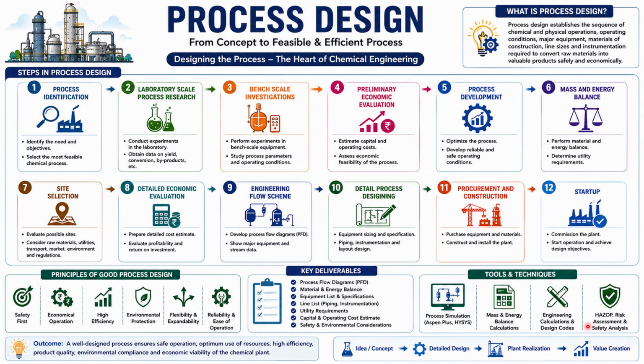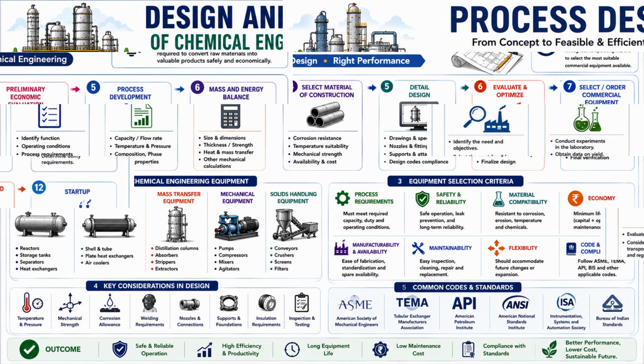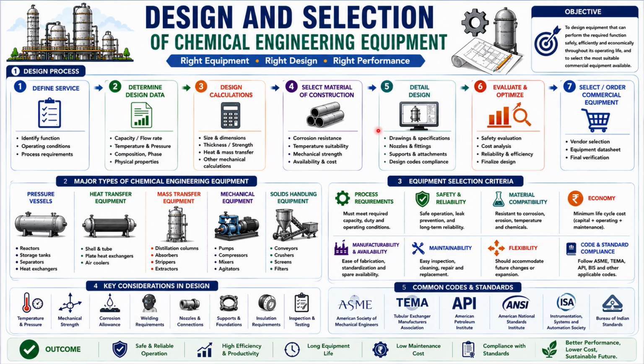Once the process has been finalized, then the next step would be selecting a suitable equipment. So design and selection of chemical engineering equipment. Now every chemical plant contains numerous equipment such as reactors, pumps, heat exchangers, distillation columns, compressors, storage tanks and piping systems.